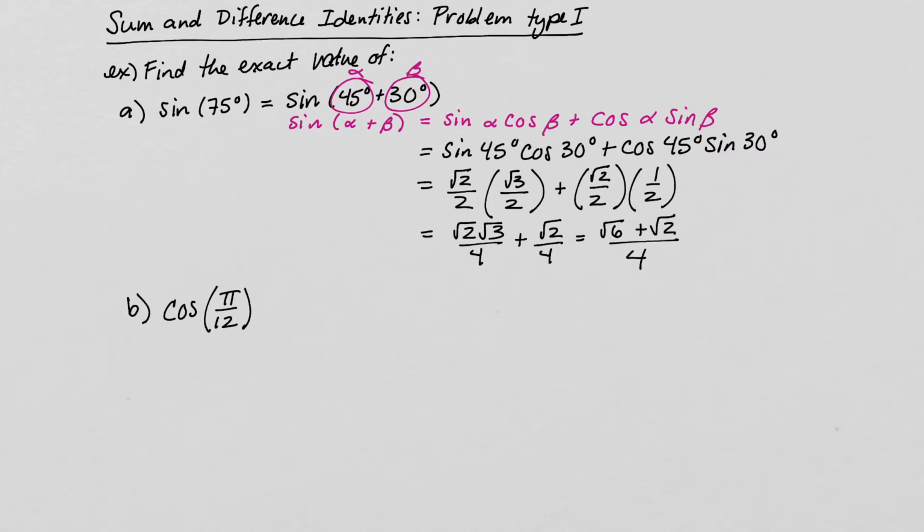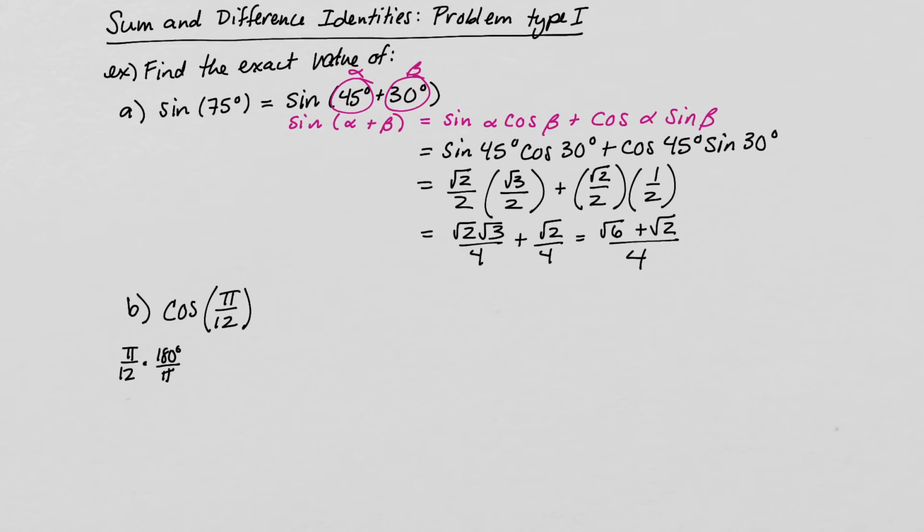So not too bad. Here, pi over 12. So I need to think of two angles. Sometimes it's hard when you're doing these to think of the angles in terms of pi. So you could always convert, right? You could take pi over 12 times 180 degrees over pi, just so that you are able to figure out what those degrees should be.